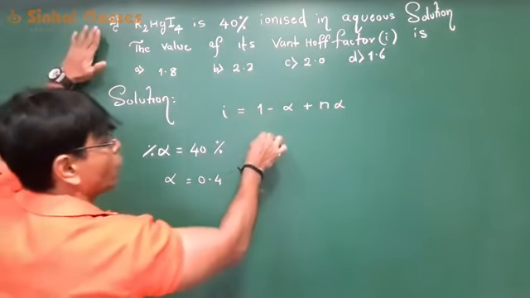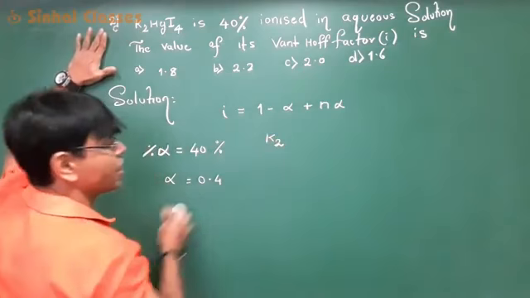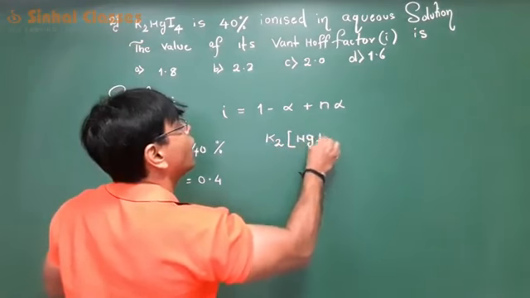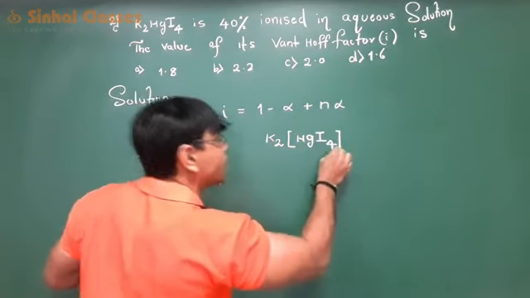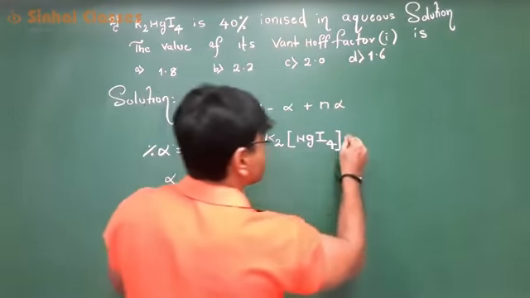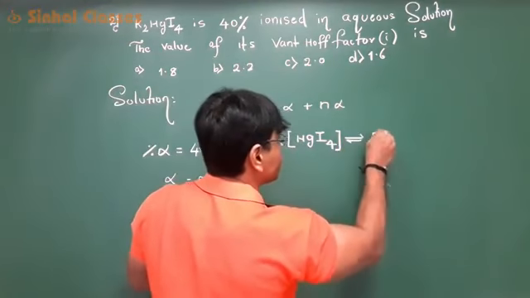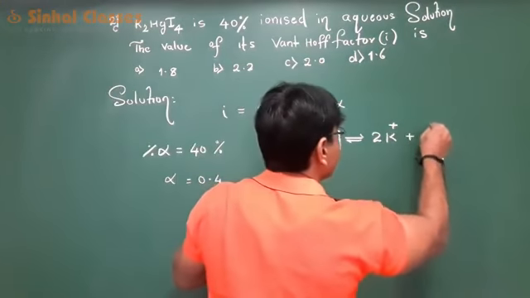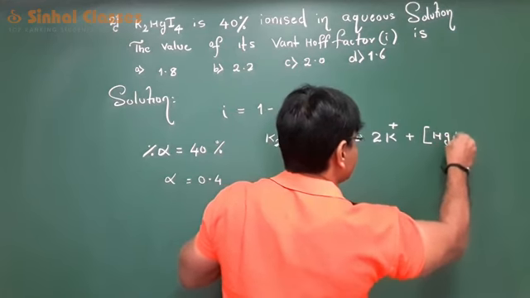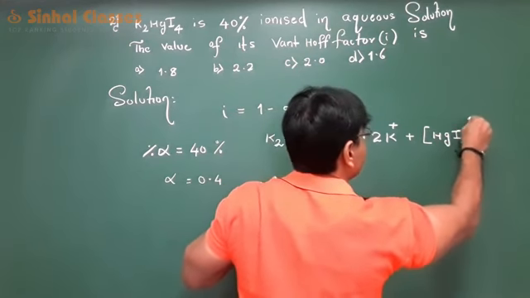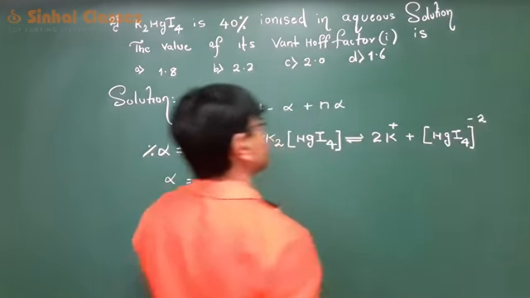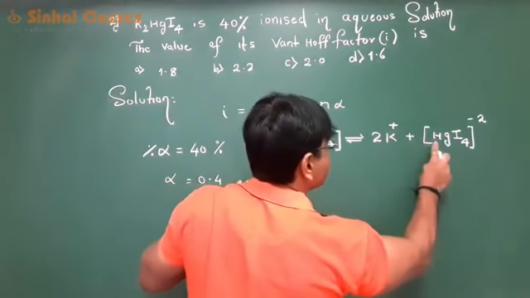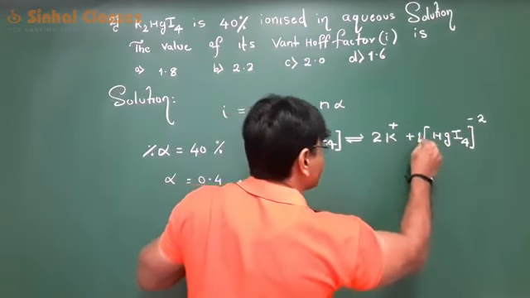What is n then? The n factor. We all know Nessler's reagent, that is K2HgI4, is a coordinate complex compound which dissociates to give 2 potassium ions and 1 complex ion [HgI4]2-. So now the total number of ions is 3: 2 plus 1, 3.